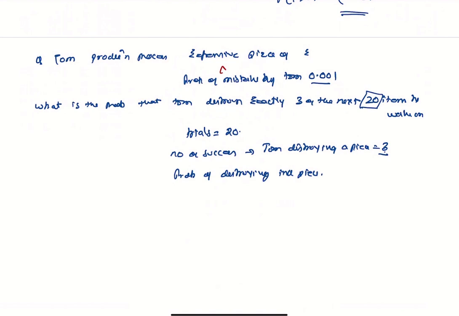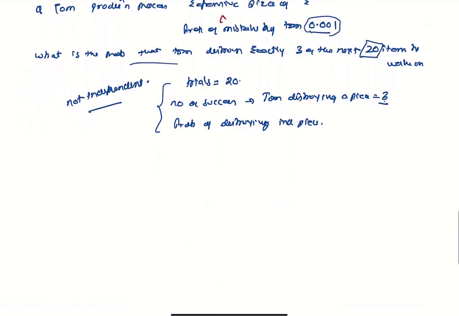It seems binomial, but the problem is that these are not independent. We know the probability of a mistake, but he makes more mistakes once he makes one. So this question cannot be answered and needs more information.